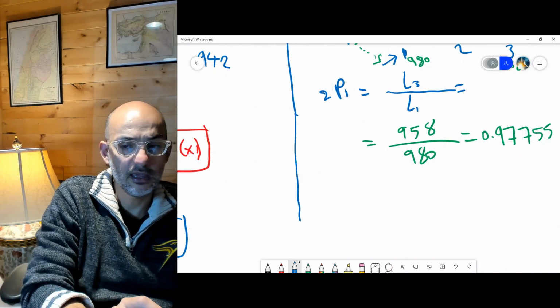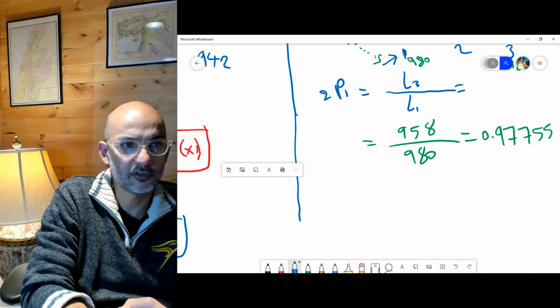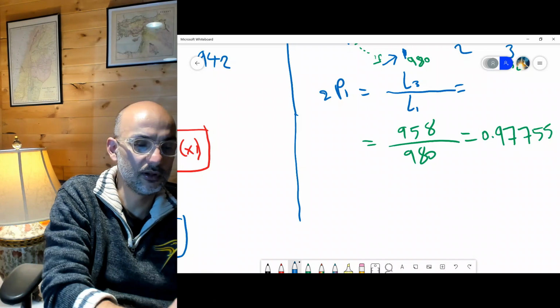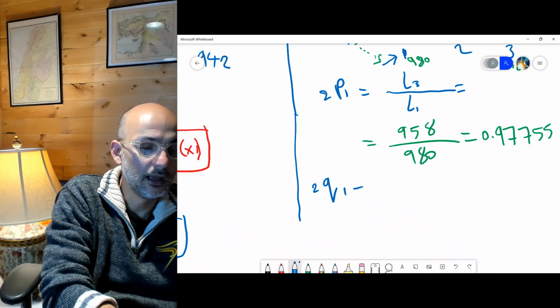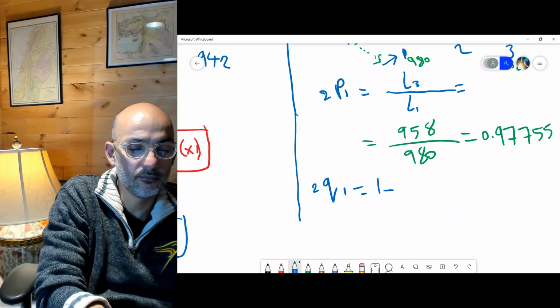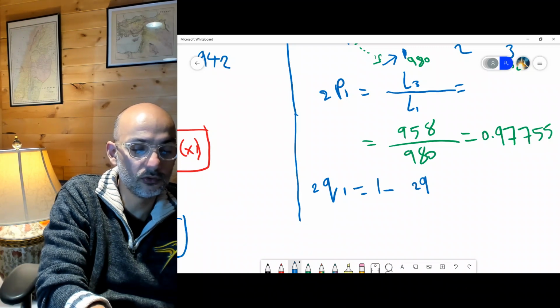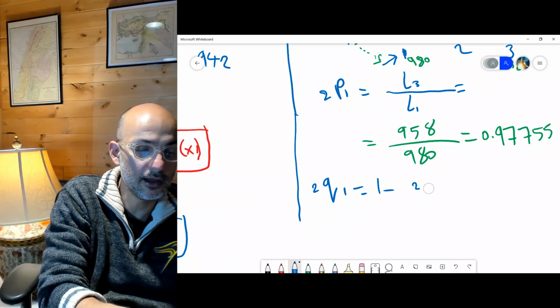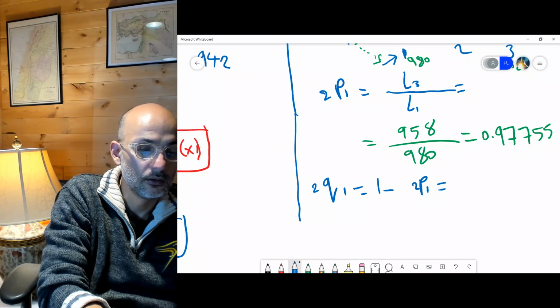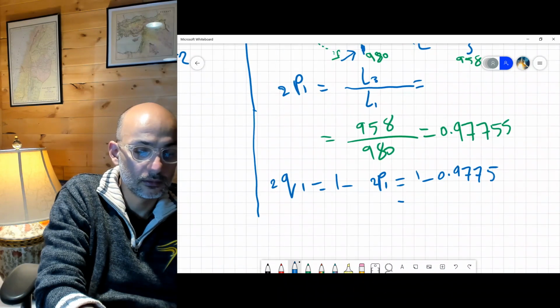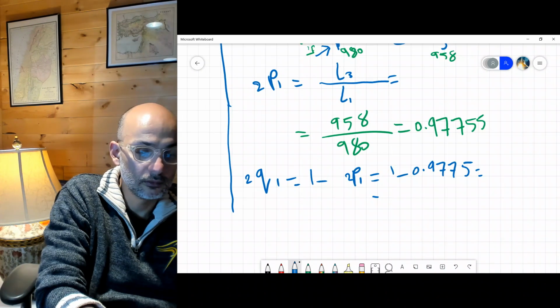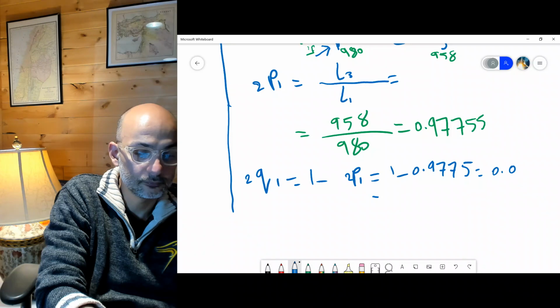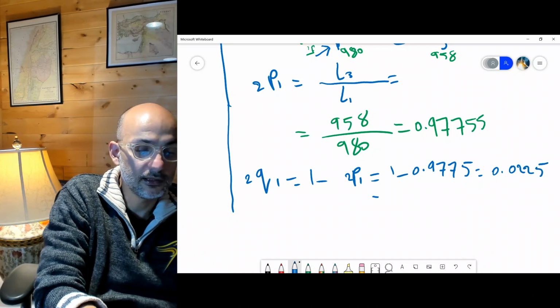So let's take the opposite of 2P1. Let's look at 2q1. You can right away do 1 minus 2P1, 1 minus 0.9775, and it should give you the answer. Right away you can do this.